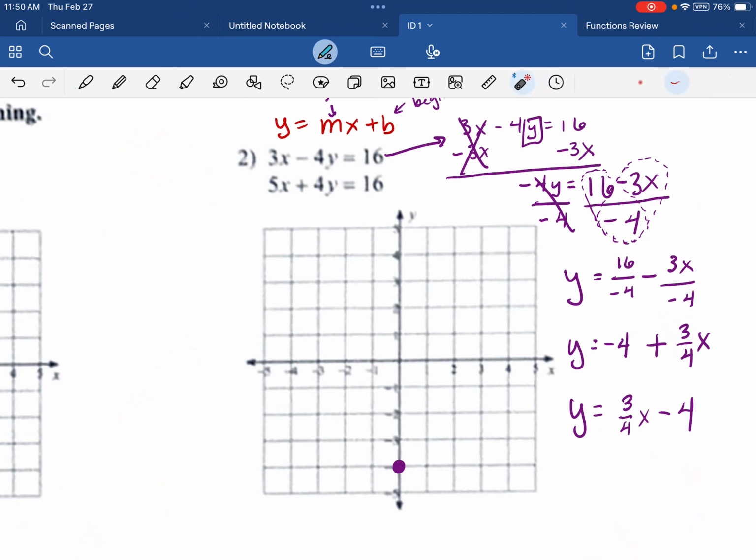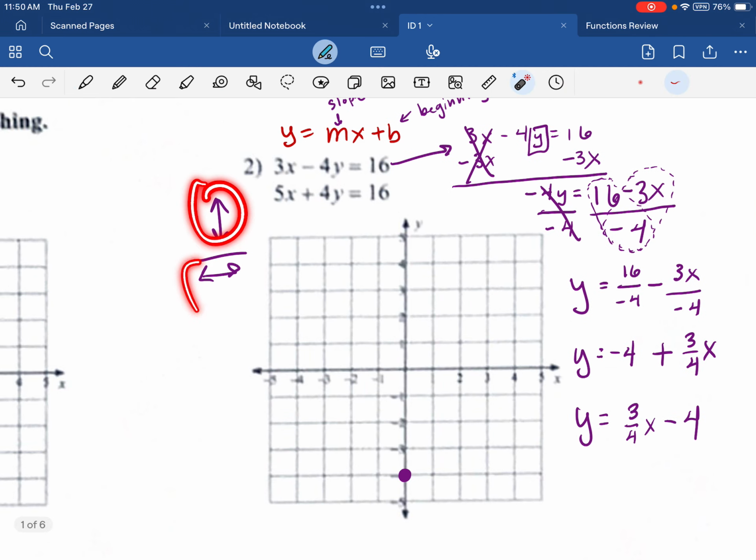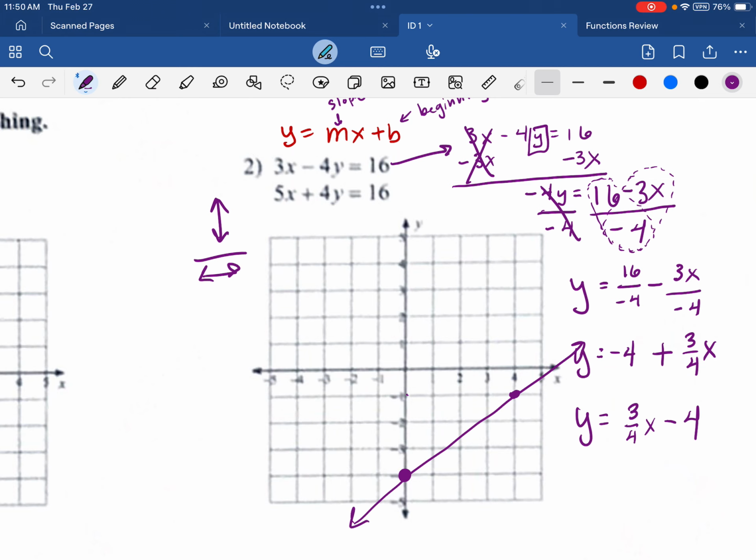Okay, and then since slope is rise over run, meaning how far up and down do I go over how far left and right do I go. Let's see. On top it says a positive 3. That means I'm going to go up 3. On bottom it says a positive 4. That means I'm going to go right 4. Okay, so let's go up 3, right 4. That's basically all the points we can put on here. Drawing our line, we are good to go.